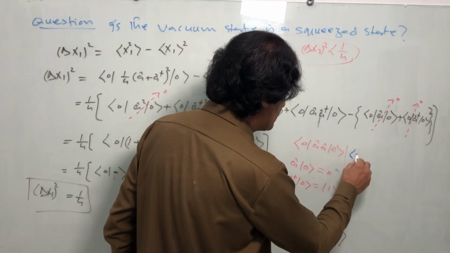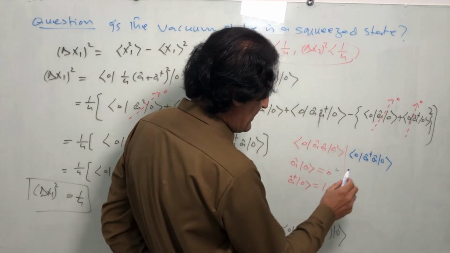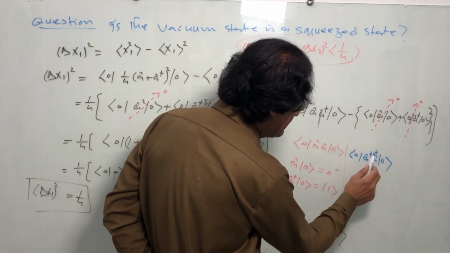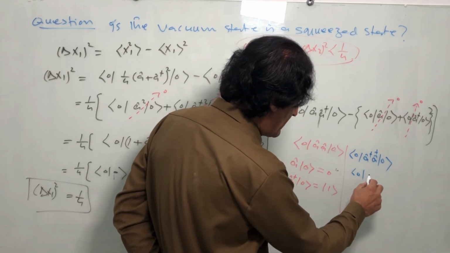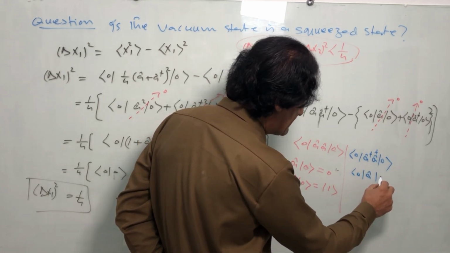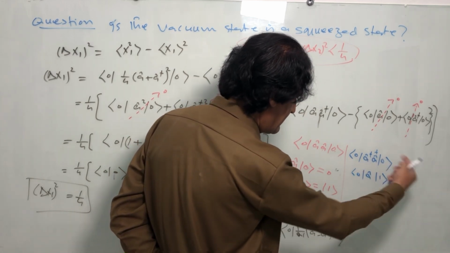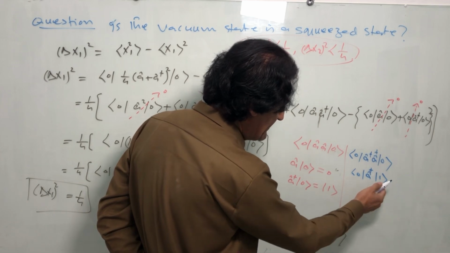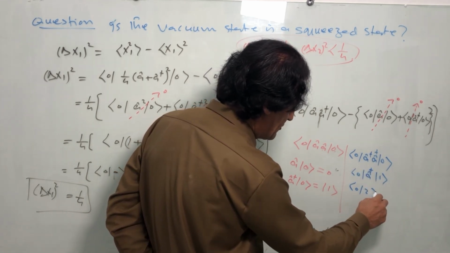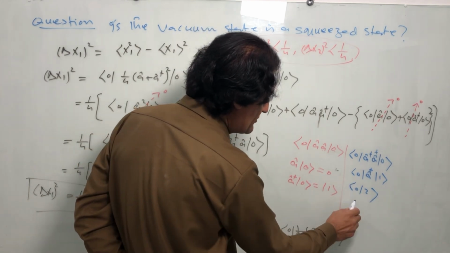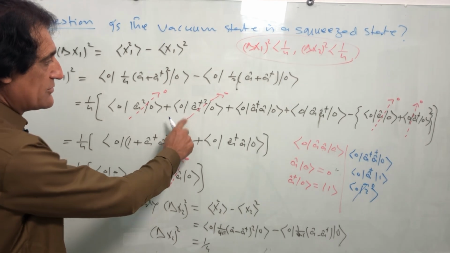If I take ⟨0|, a†², and |0⟩, first applying a† gives |1⟩, and if we apply a† further, it gives ⟨0|2⟩. So 0 and 2 are orthogonal states and this goes to 0.